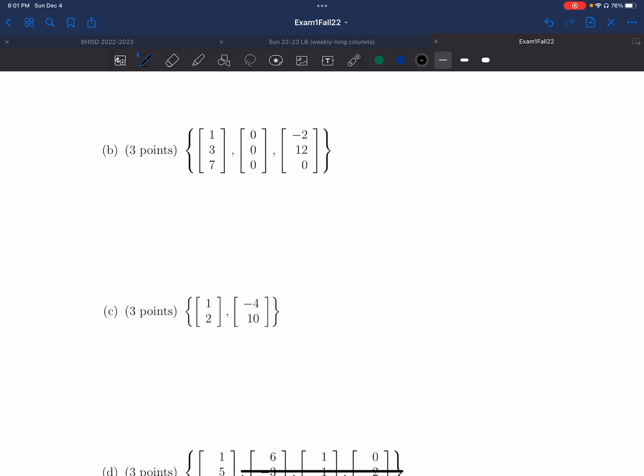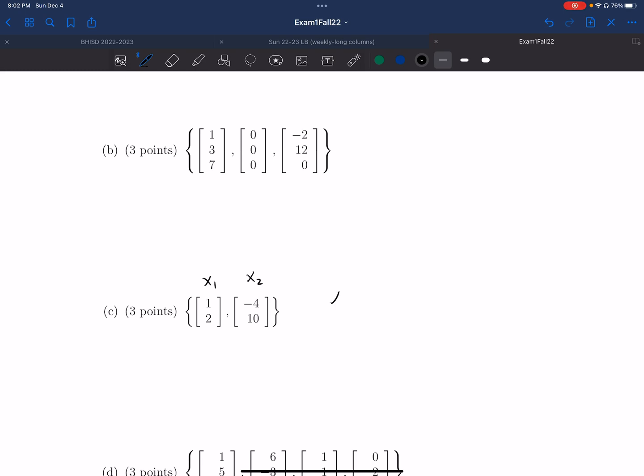So what you're doing when you're determining if they're linearly independent or dependent is this vector is like x1 and this is x2. Okay, and so what you're doing is you're kind of turning these back into some sort of linear equation.